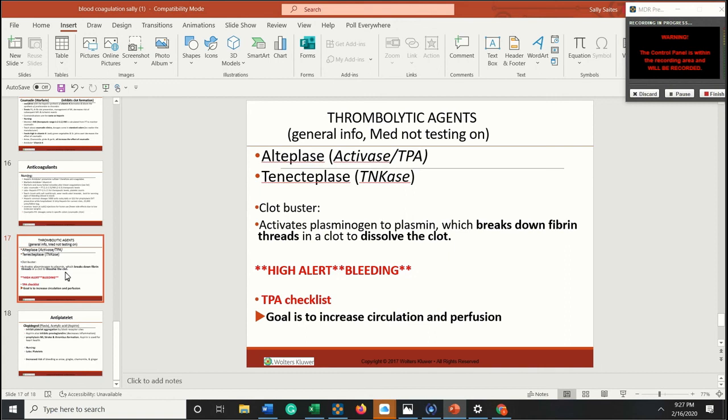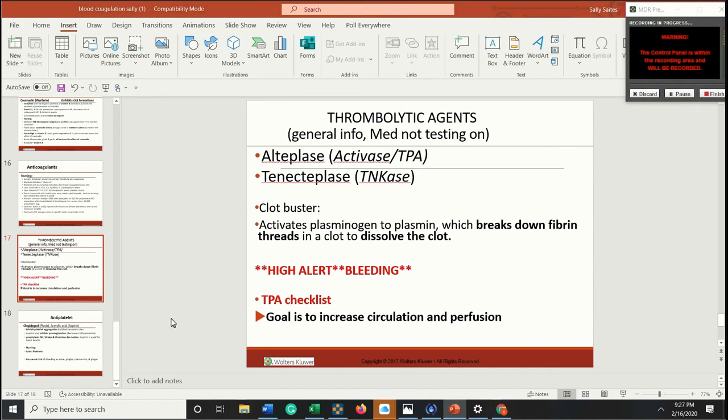Okay. So this is nothing that you will have on the med-surg floor. If anyone is giving this on the med-surg floor, or if you're in the ER as a student, you cannot push this. You can watch and observe only.